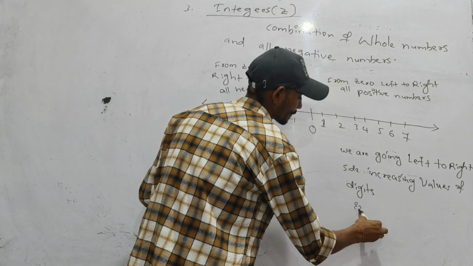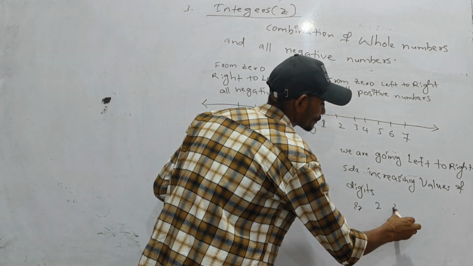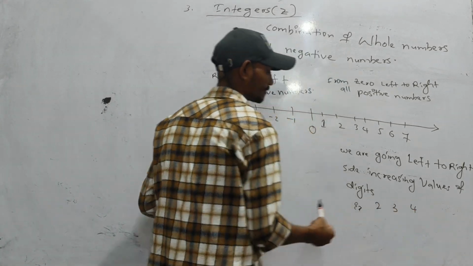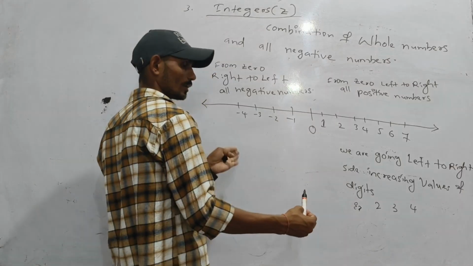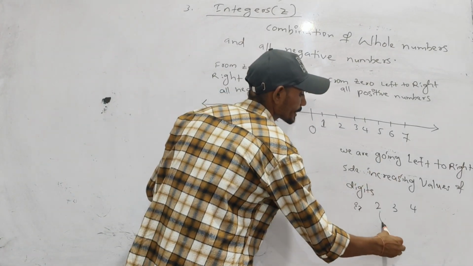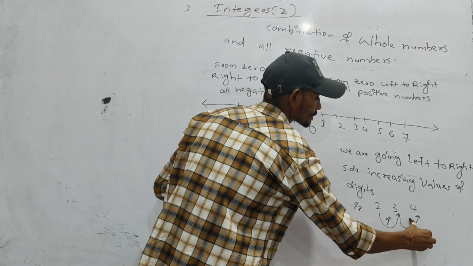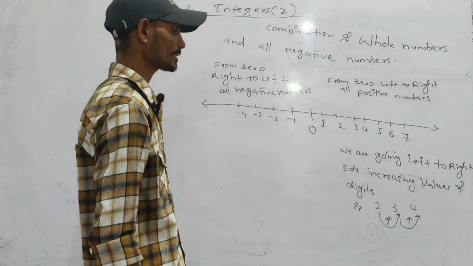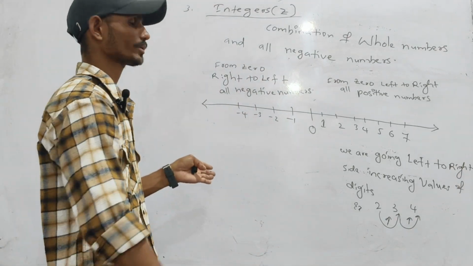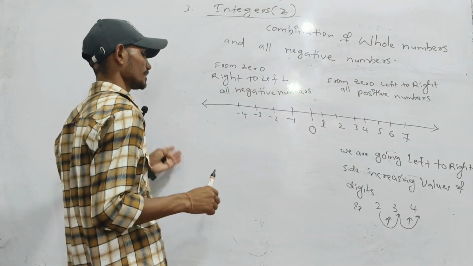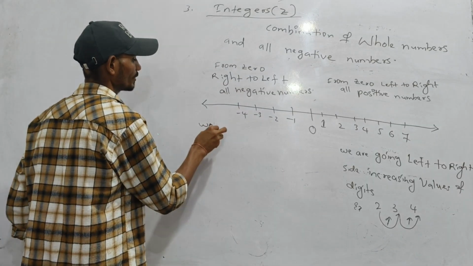Example: 2, 3, 4. When I go left side to right side, the values of digits increase. In integers, when we go left side to right side, the values increase.